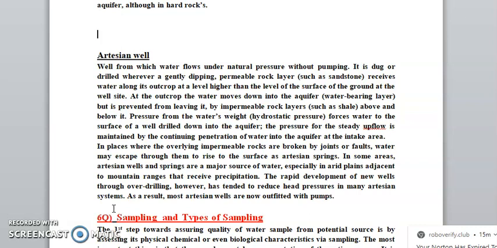And subsurface water quality is good, but the available quantity is less, like springs, artesian wells, deep wells, and bore wells. The quantity is less, so it is very difficult to get more quantity of water. Surface water is available in more quantity. This is about the surface and subsurface water.